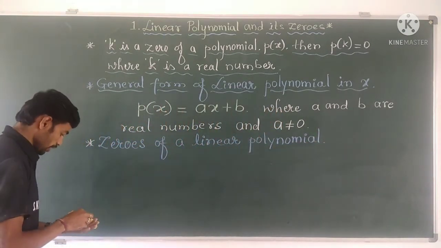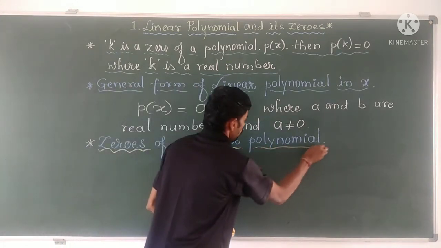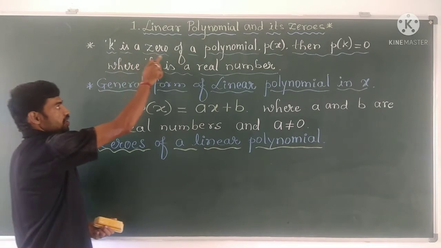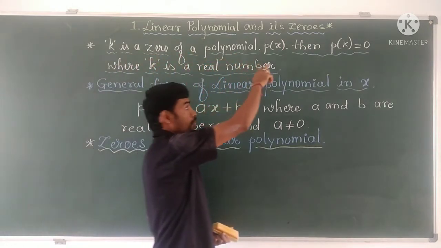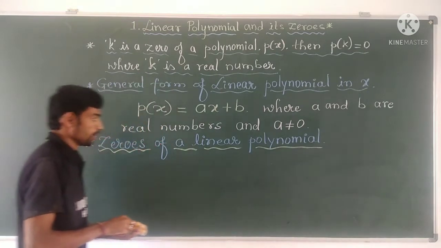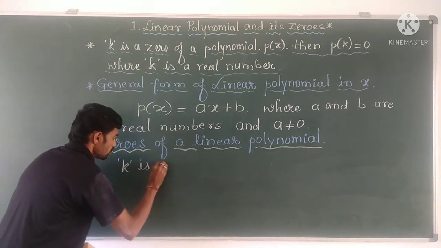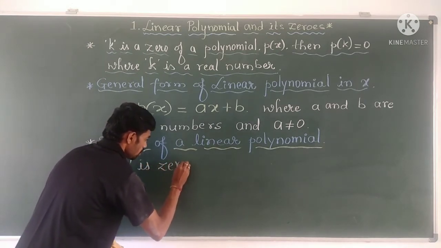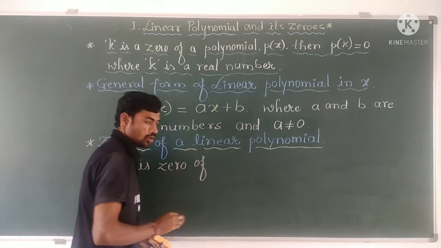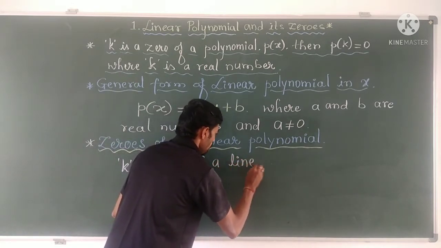Then what do we need to write here? K is a zero of a polynomial p of x, that is a linear polynomial. K is a zero of a linear polynomial.